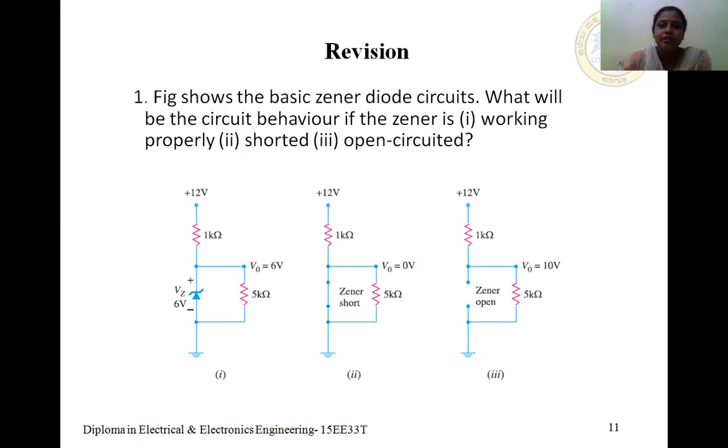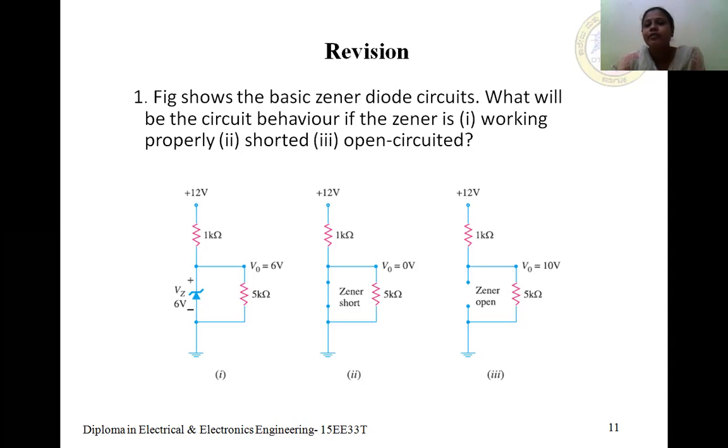Next, when the Zener diode is short circuited, what happens? When the Zener diode is short circuited, the output voltage Vout will be equal to 0 volts.